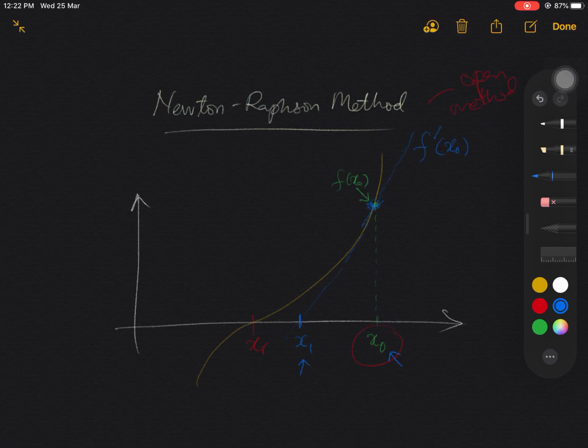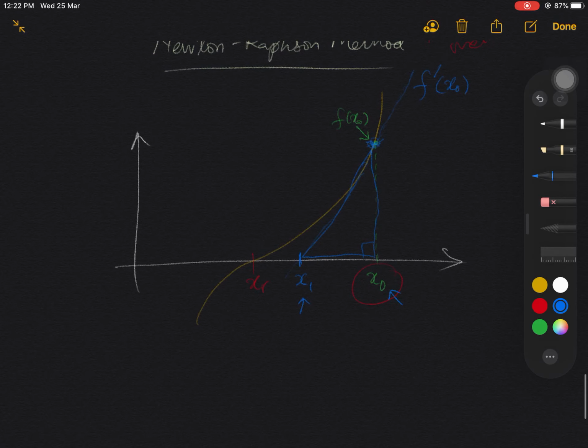So now we have a right triangle. So we know that the slope of the tangent, which is f prime x0, equals the height of the side, which is f x0, divided by the difference between x1 and x0.